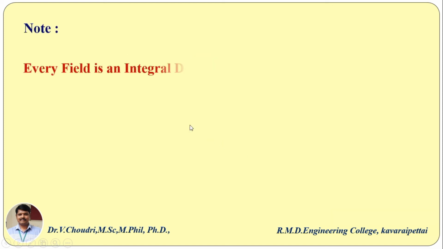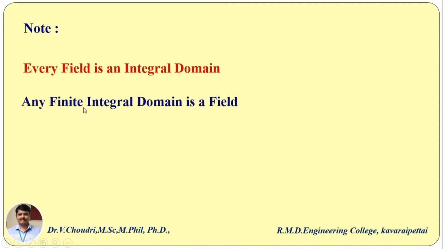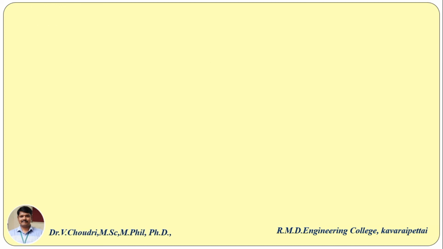See, every field is an integral domain, but any finite integral domain is a field. Okay. In the next video, we will see examples of fields, how we identify the integral domain and the field, then problems based on the field. Okay. Thank you.